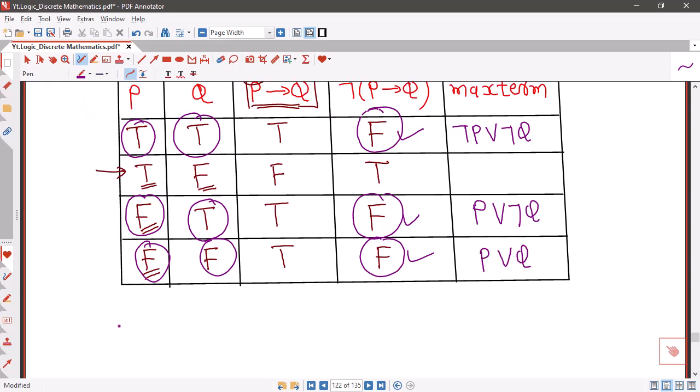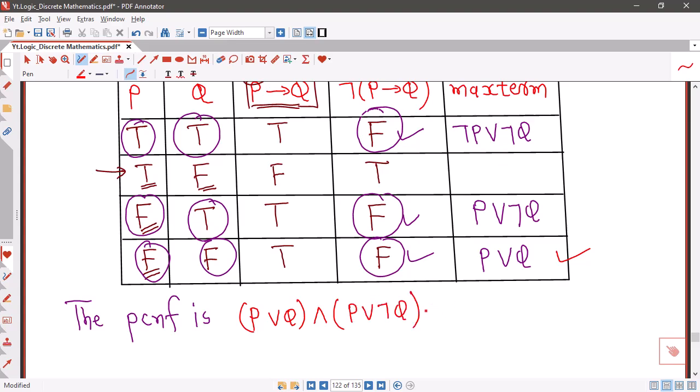And then the principal conjunctive normal form is nothing but the conjunction of these three max terms. We can write them in any order. Suppose I write from the last row, then I will write p or q, then the conjunction operator, p or negation q, and negation p or negation q.